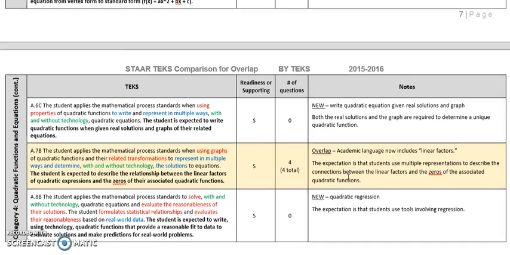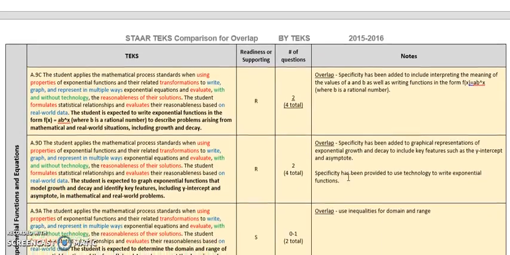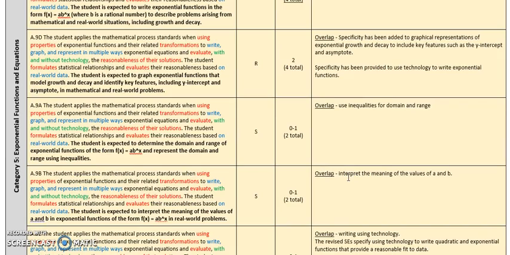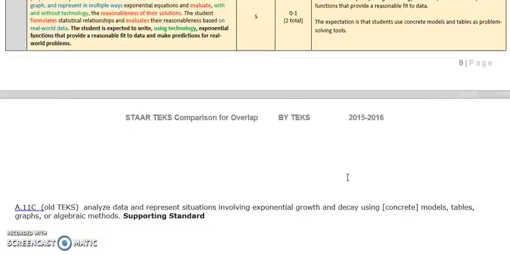All right? So I know there's one more thing that caught my attention, and that is category 5, all of it. Category 5 is exponential, and in the past there was one TEK that was represented on STAAR for that, and it is actually in front of you right now.